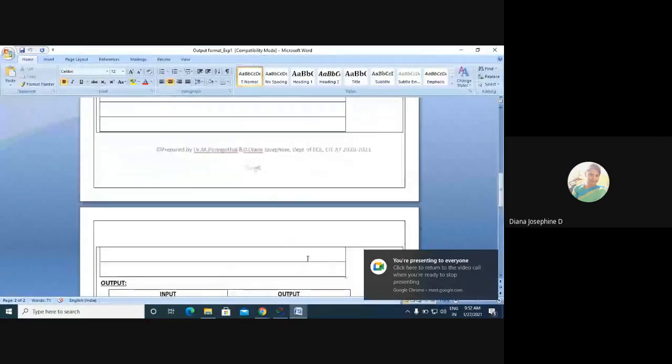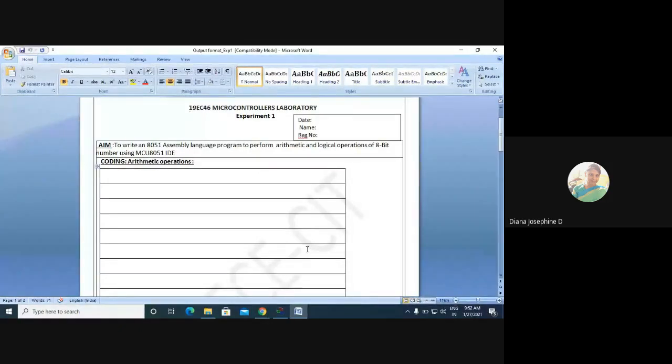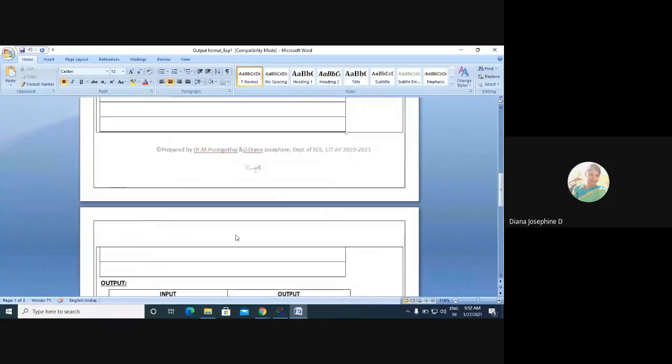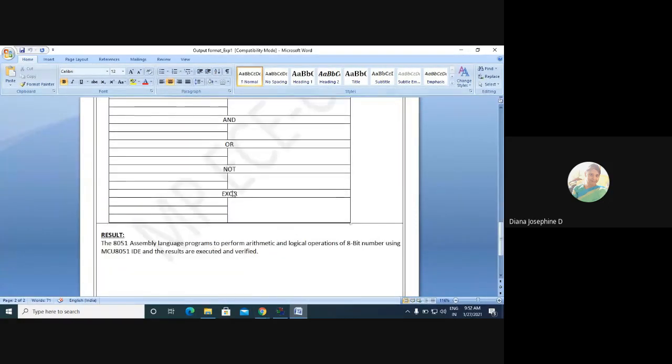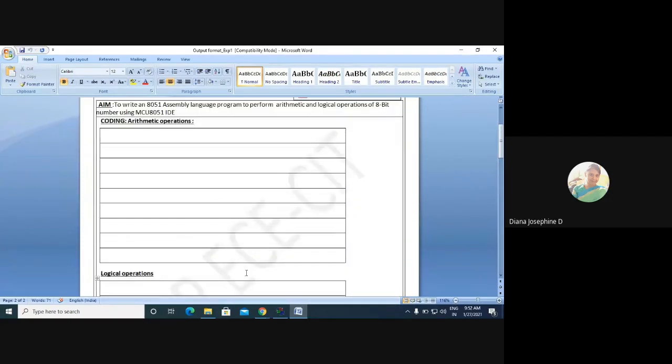So this is the output sheet you will be submitting after completing experiment 1 in the Google Classroom within the specified deadline. Okay, so some skeleton will be given. So you should write the code and the output in the format that is given. Space will be given for writing the coding part.